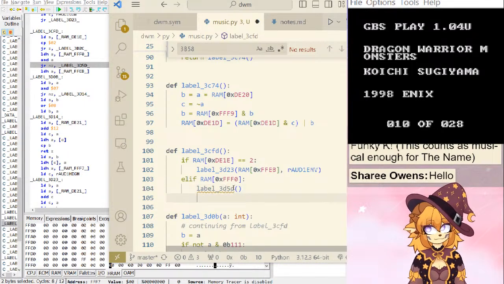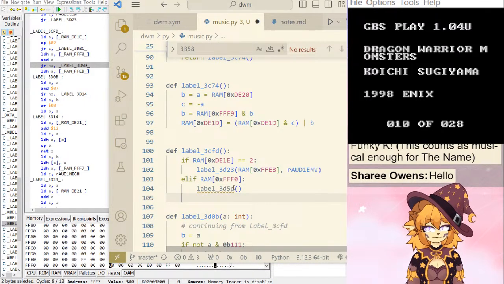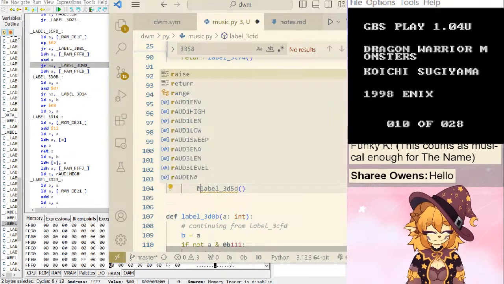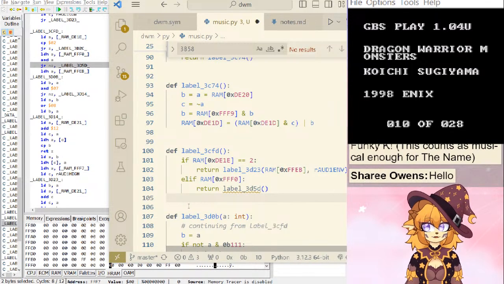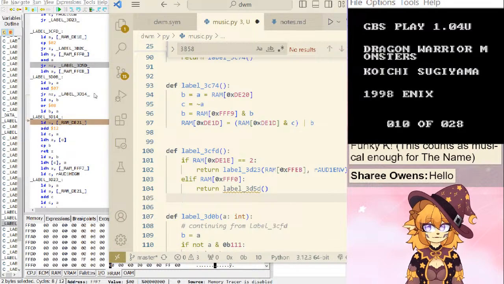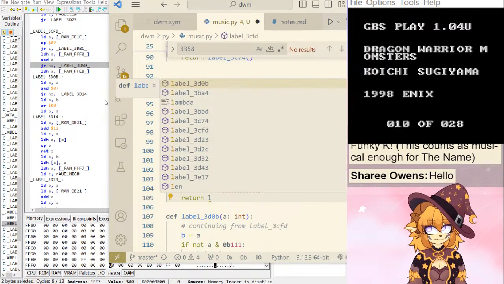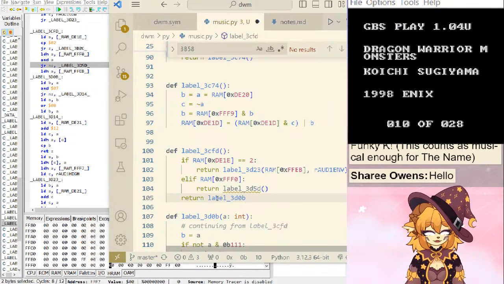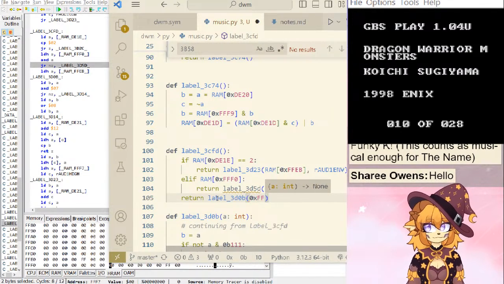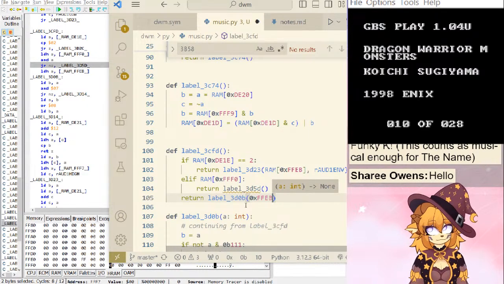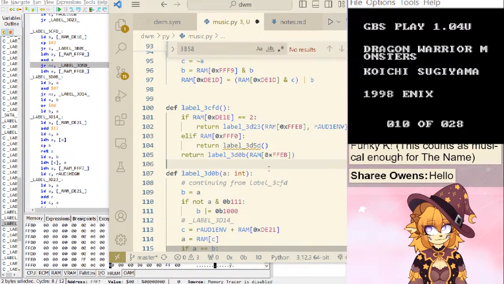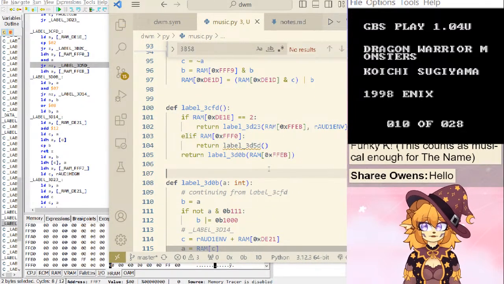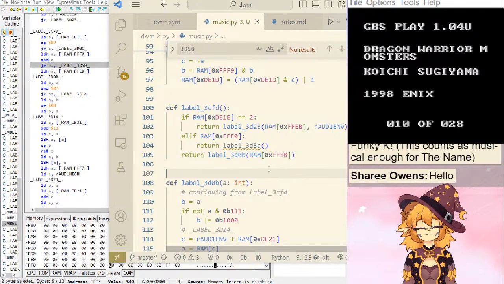Kanji. Then lastly, does this label passing in 0xFFEB? Well, not index then. Okay.